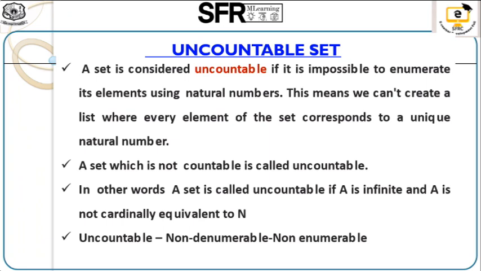If a set A is not countable, it is called uncountable. In other words, a set A is called uncountable if A is infinite and A is not cardinality equivalent to N. That is, there is no one-to-one correspondence between A and the natural numbers N. Uncountable means non-denumerable and also non-enumerable sets.